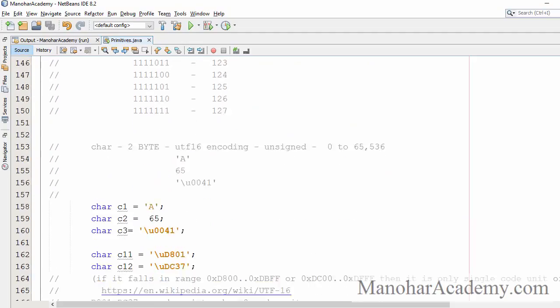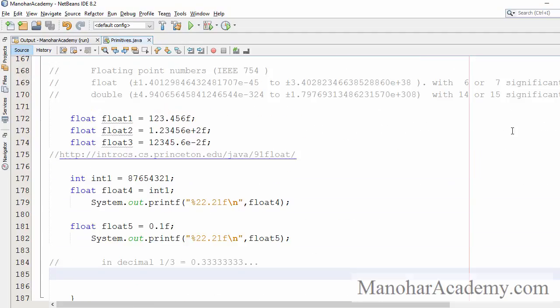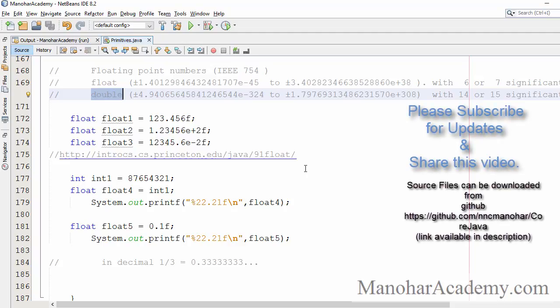In floating points, we go for double, because we have seen the 7 significant digits are not sufficient for regular calculations, so we don't use float unless we have to. We generally go for double. When financial accuracy, like 2 cents accuracy, 3 cents accuracy is required, we go for BigDecimal, that we will cover later. But remember, int, double, be careful.